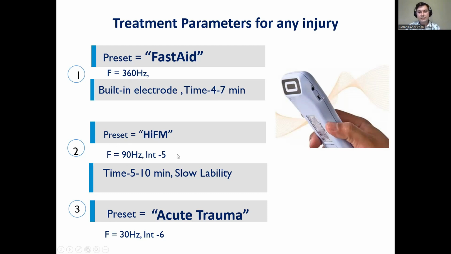Plus the combination of frequency 90 hertz and intensity 5. And you treat the problematic area for 5 to 10 minutes, slowly moving the electrode. And number 3, acute trauma. This is the name of the preset, and the combination of low frequency 30 hertz and intensity 6, a pretty high one.